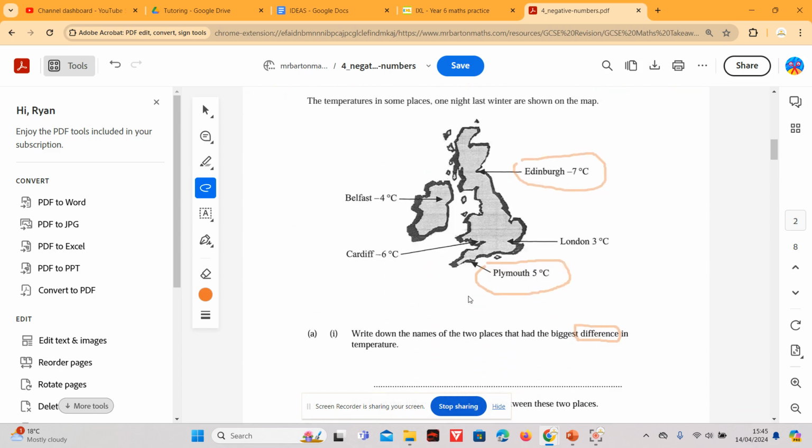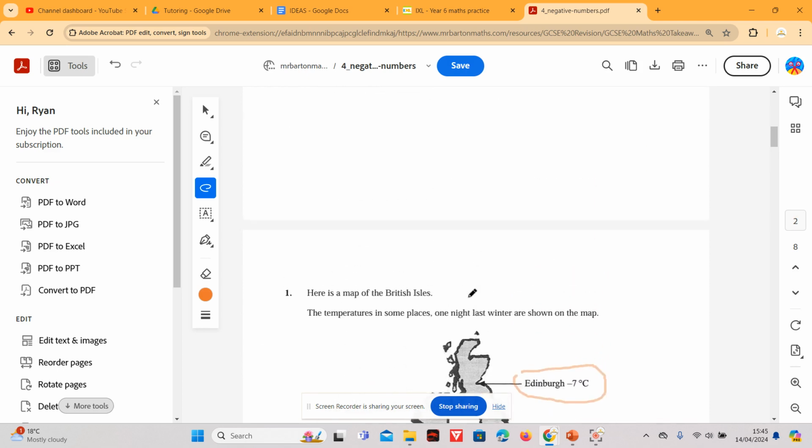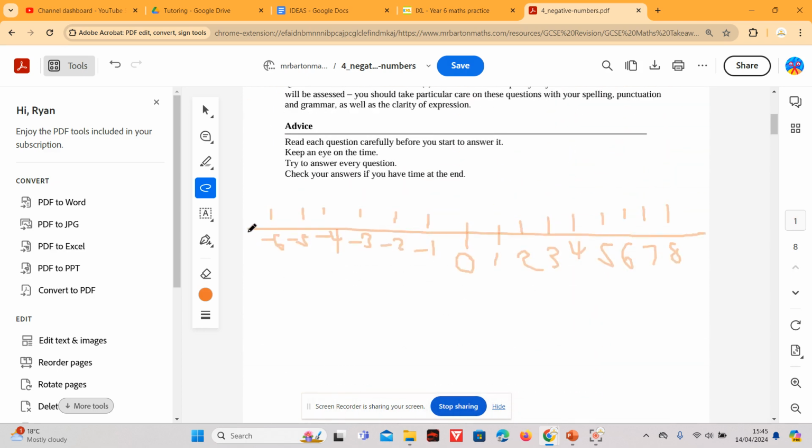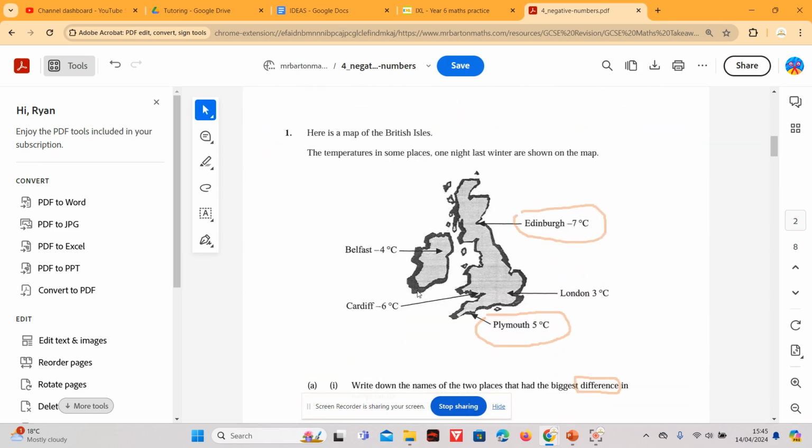So our question is the difference between 5 and -7. Oh, I've actually not wrote -7 on here, so I'm going to shove that on at the end if I can. Hold on a minute. So -7 is going to go there. So what we have to do is work out the difference between 5 and -7.